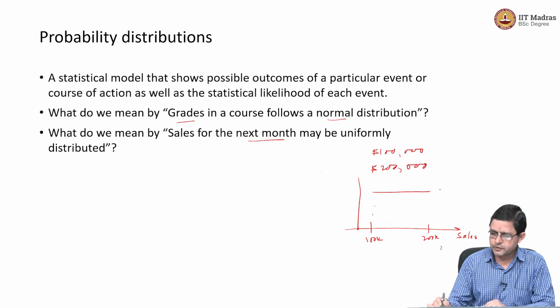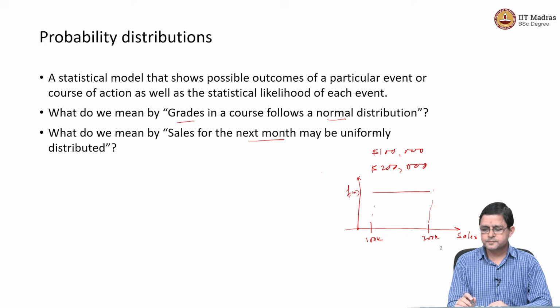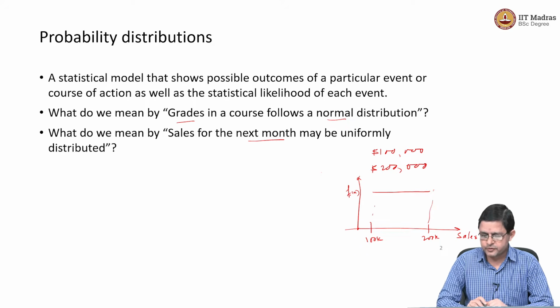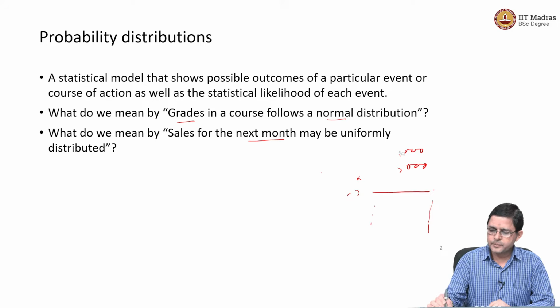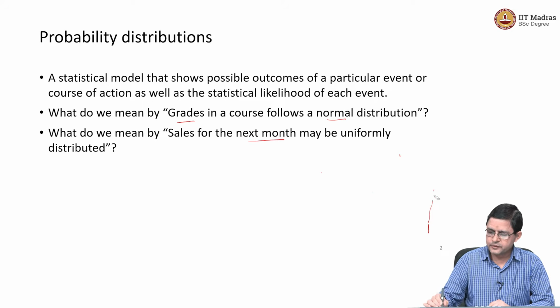So, you know what a uniform distribution is. Once again, the y axis represents the density, right. So, these are essentially probability distributions: normal distribution, uniform distribution. We have taken 2 examples of continuous distributions, but you get the idea, right. So, that's how we define probability distributions, that's how we use probability distributions, right.